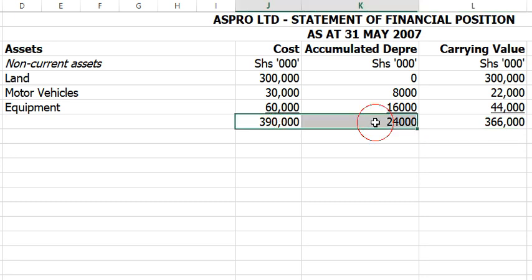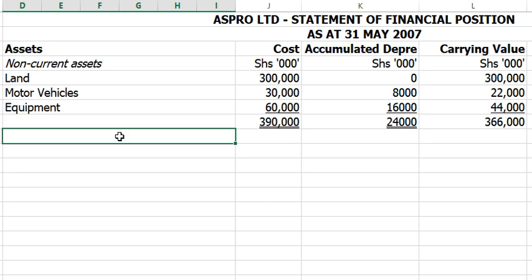These are our totals for the non-current assets, the total cost, total accumulated depreciation, and then the total carrying value of the non-current assets. Now what we have to do, we have to move to the current assets.